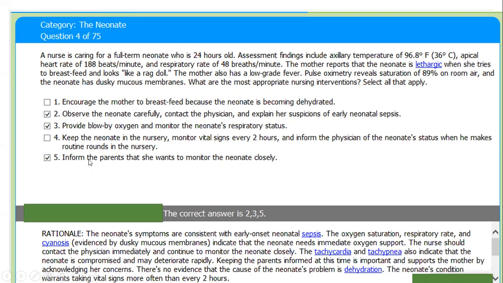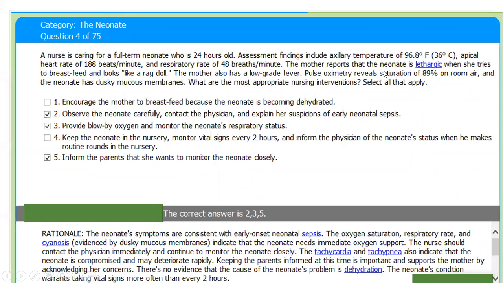And number five, inform parents that she wants to monitor the neonate closely. The rationale: the neonate's symptoms are consistent with early onset of neonatal sepsis. The oxygen saturation, respiratory rate, and cyanosis indicate that the neonate needs immediate oxygen supply.